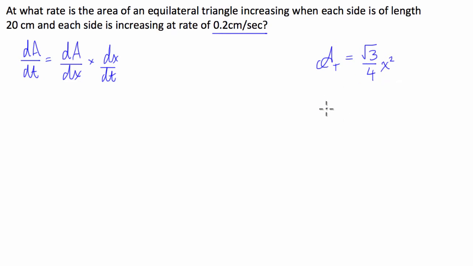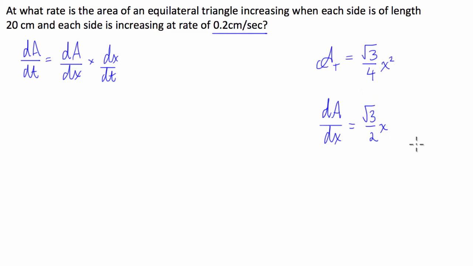So basically what we then have to do is work out what dA/dx is. So that's going to be square root 3 over 2 times x. That's because I've taken the 2 and cancelled it out with one of the factors of 4 and reduced that to 1, and that's how we have it.